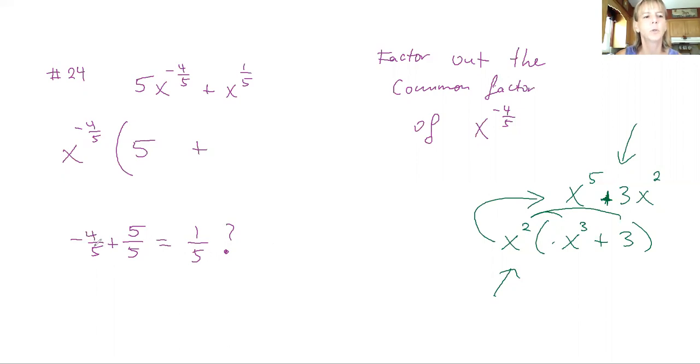Is that true? This is not exponents, I'm just looking at adding fractions. So negative 4 plus 5 all over 5, and negative 4 plus 5 is 1. So that would give me this. So wouldn't I just have x to the first, right, technically?